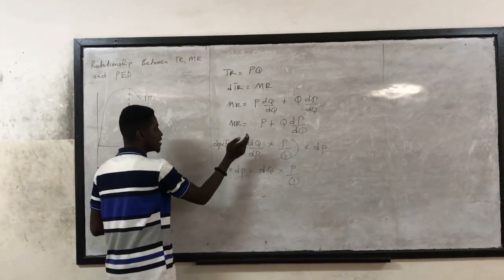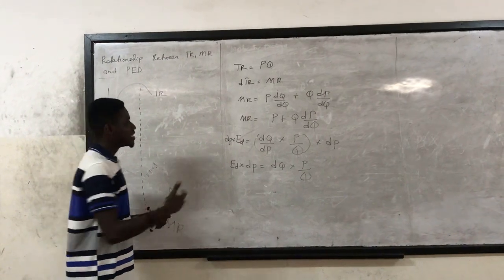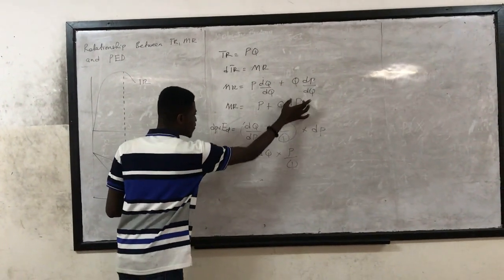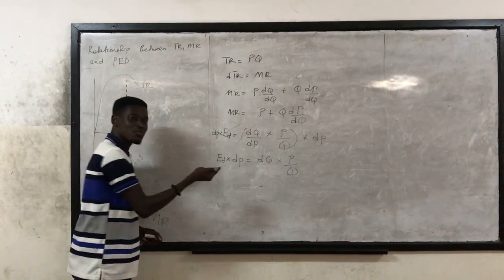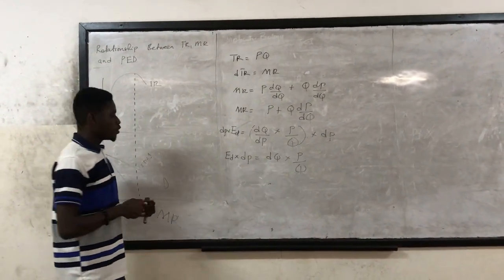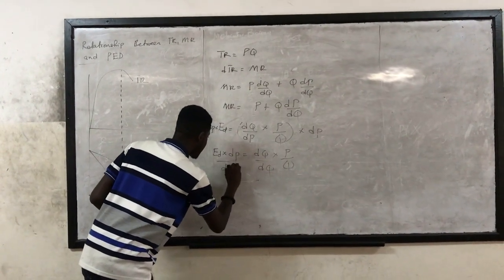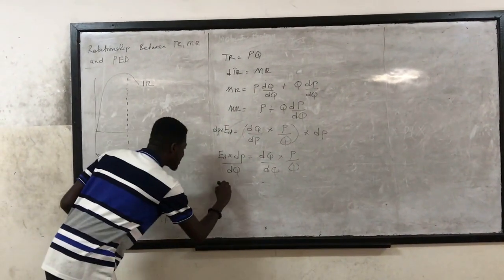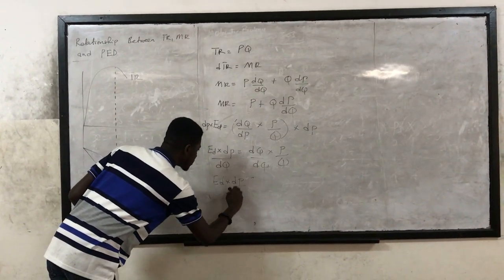So now we are left with dQ times P over Q. So now we want to get the P over dQ. So at this point, it means that we can divide through the equation by dQ, and this side also by dQ.